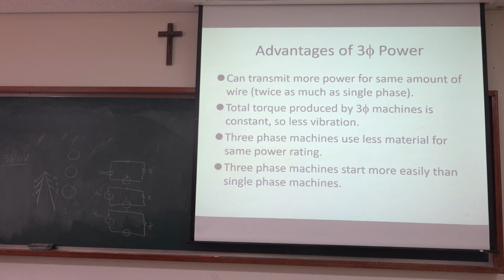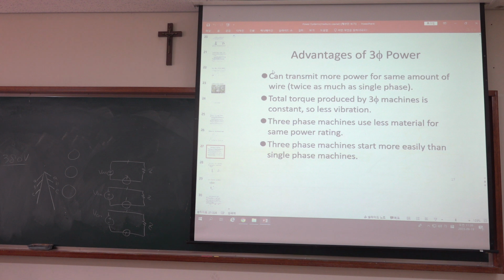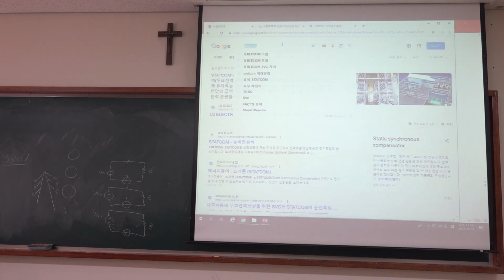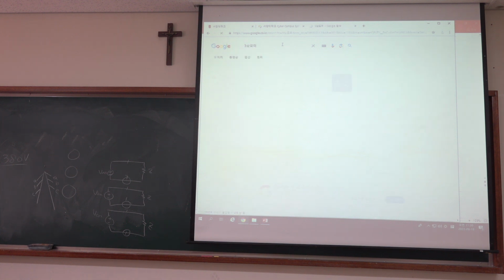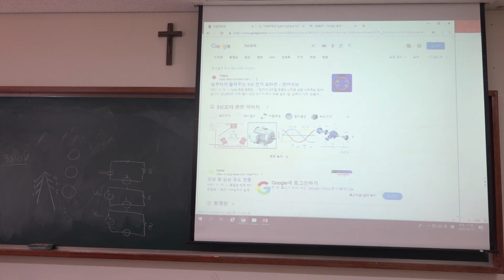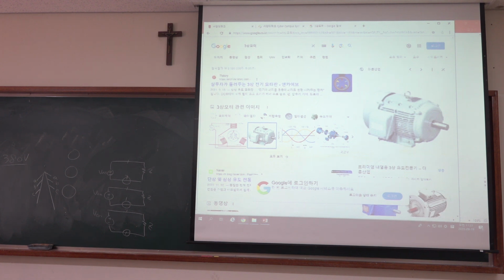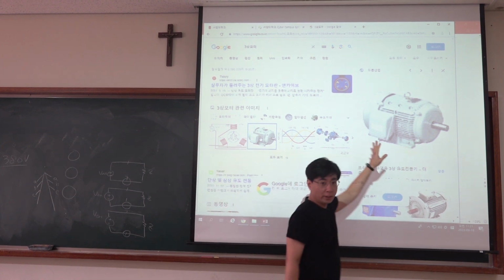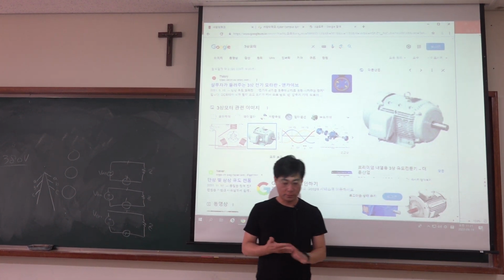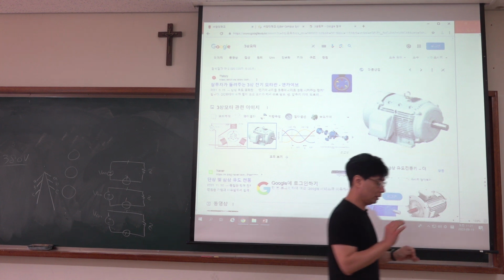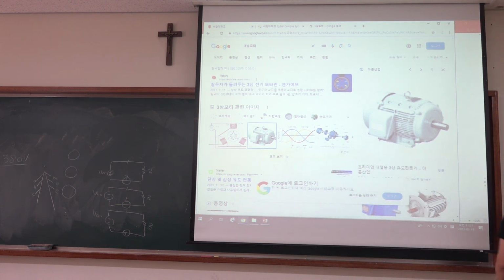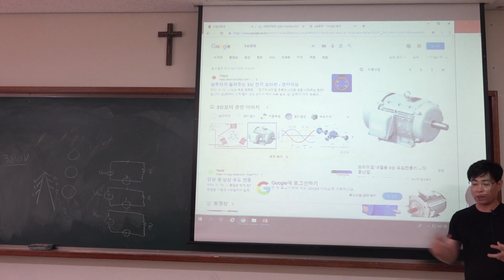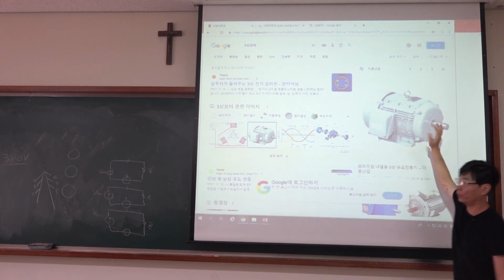There are three-phase motors, so let's see what that is. Three-phase motor. So this is a typical three-phase motor, which is used in a factory. In a factory, they typically use 380 volt, because this kind of motor requires 3 wires, not 2 wires, because this is a three-phase machine.